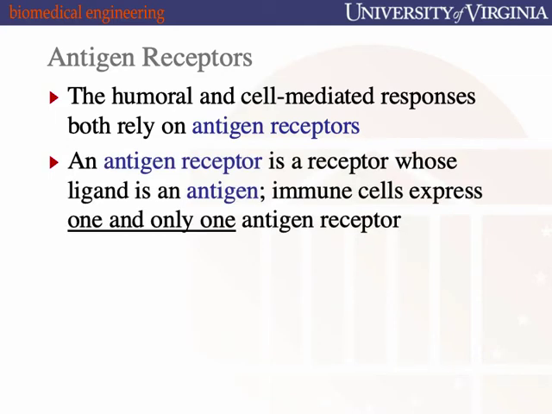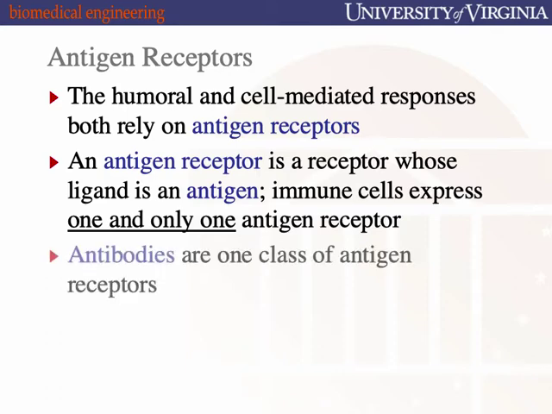An antigen receptor is a receptor whose ligand is an antigen. Immune cells express one and only one antigen receptor. That goes for B cells and T cells. One B cell, one antigen receptor, it's only ever going to make one antibody. And this is where the specificity comes into play.